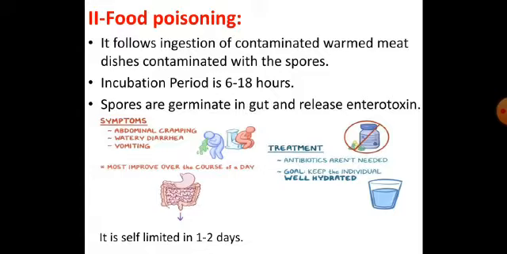The symptoms of the condition are abdominal cramps, watery diarrhea, and vomiting. But it is a self-limiting condition. Within 1 to 2 days it resolves, and we do not need to give antibiotics, but we keep the individual rehydrated.